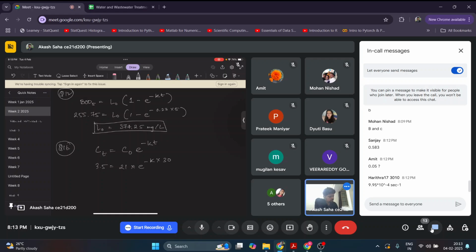So we'll get the answer as k is equal to 0.0597. This is per minute. So if you report it in seconds, it will be 0.38 per second, right? So this is the answer.